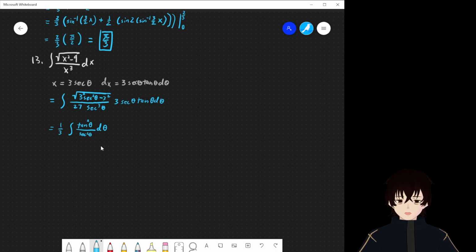I don't know. And if it is right, how will we integrate this? Tangent, secant cancel out with secant on the bottom.